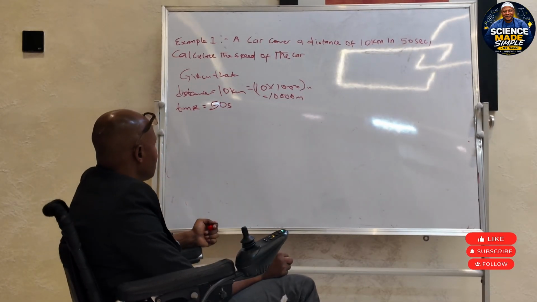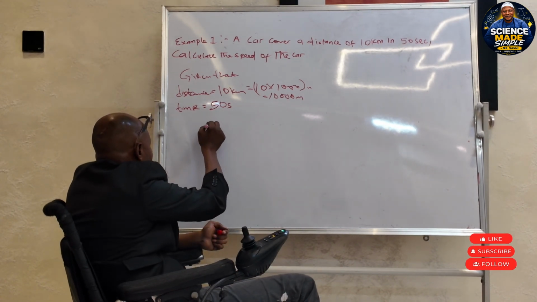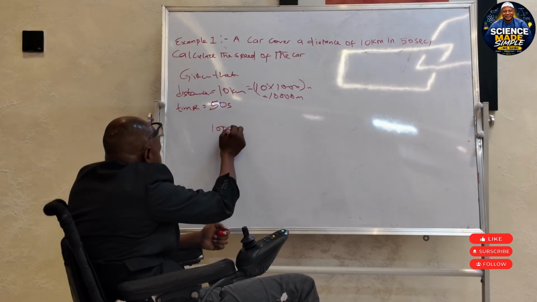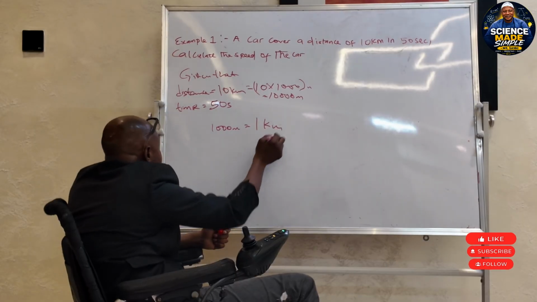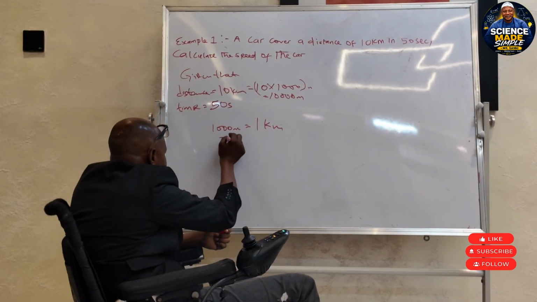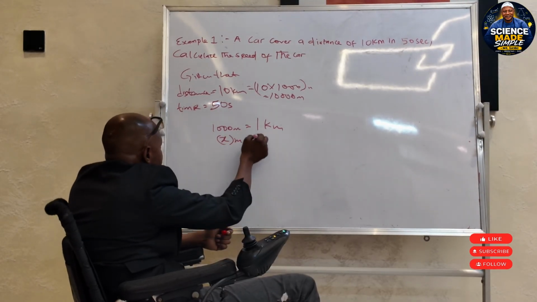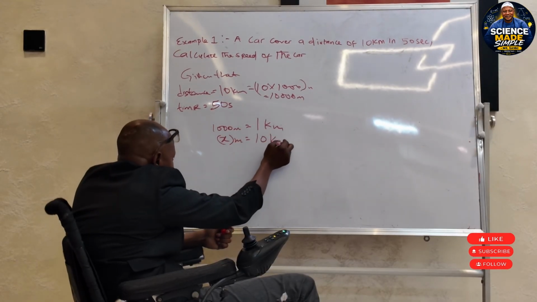Or if you don't know it by that method, you can say 1000 meter is equal to 1 kilometer.